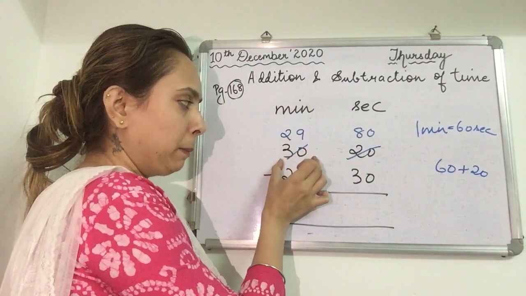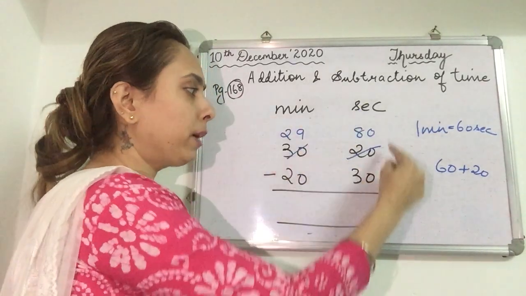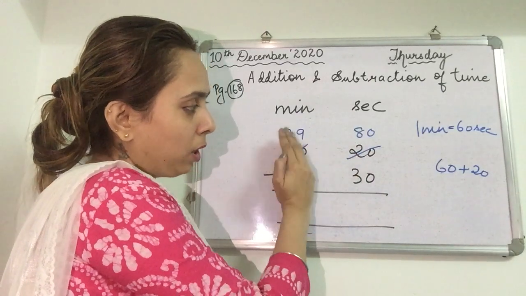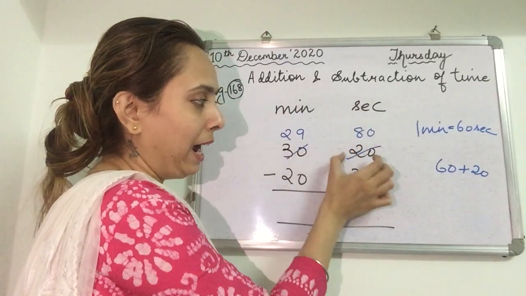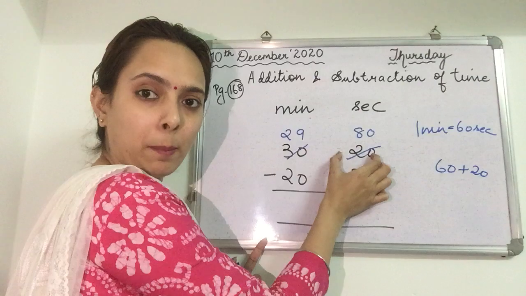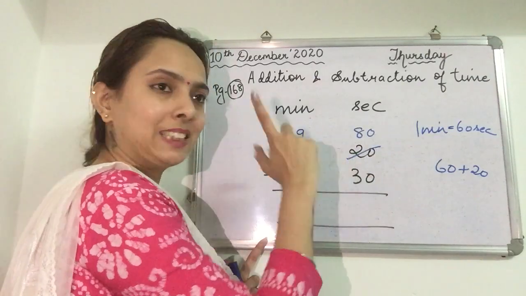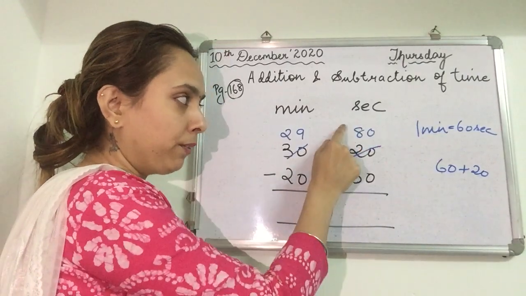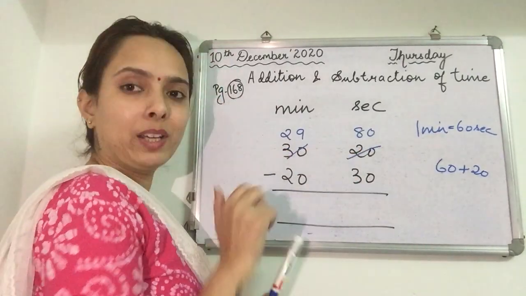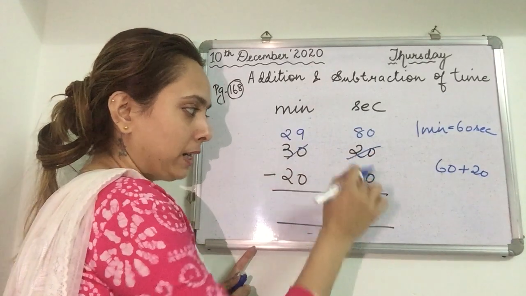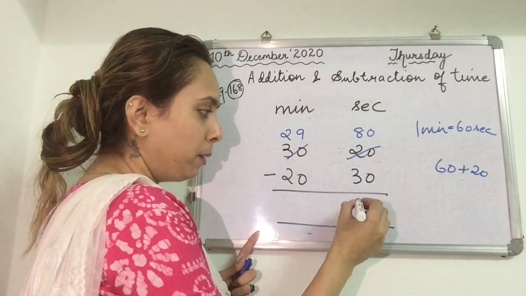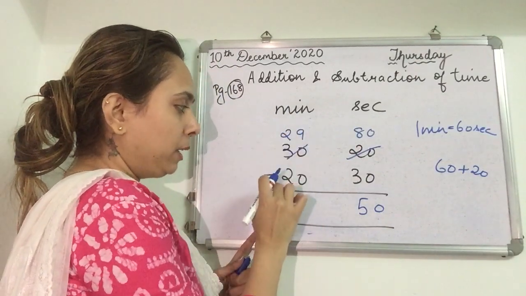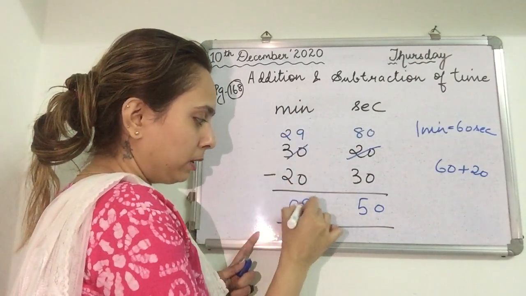The 1 minute we took from here becomes 60 seconds here. The 60 seconds that we take here will be added to this number every time. So 60 plus 20 will become 80. We will cut this 20 and write 80 here. Now we can subtract. 80 minus 30 will become 50, and 29 minus 20 will become 9.